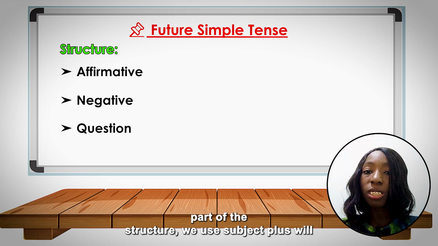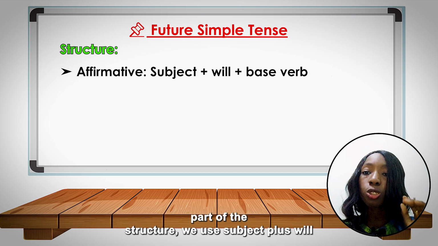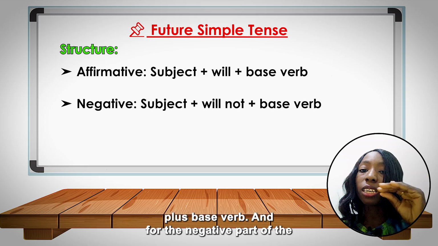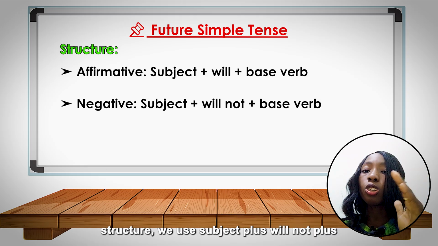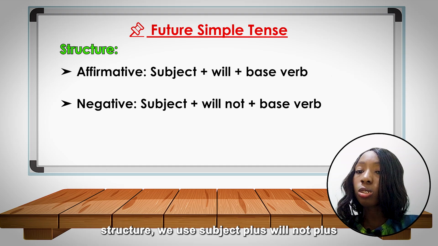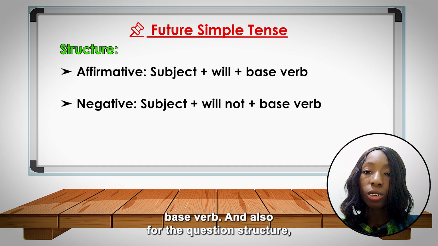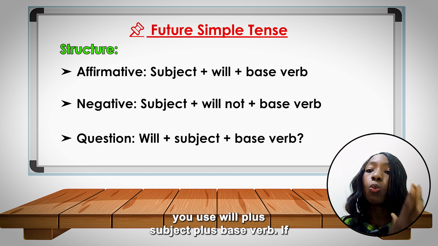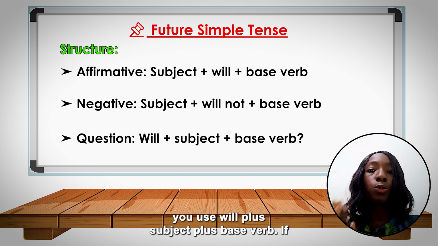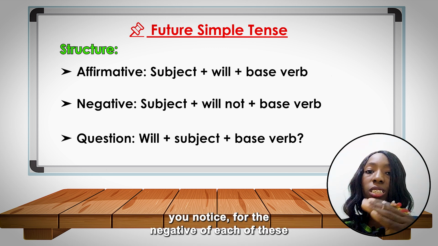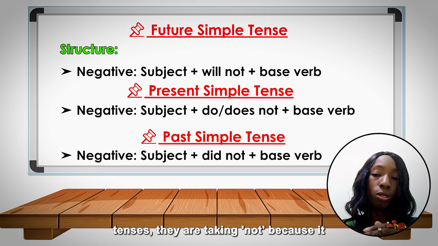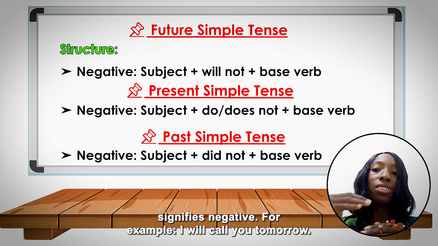So for the affirmative part of the structure, you use subject plus will plus base verb. And for the negative part, you use subject plus will not plus base verb. And for the question structure, you use will plus subject plus base verb. If you notice, for the negative of each of these tenses, they are taking not because it signifies negative.